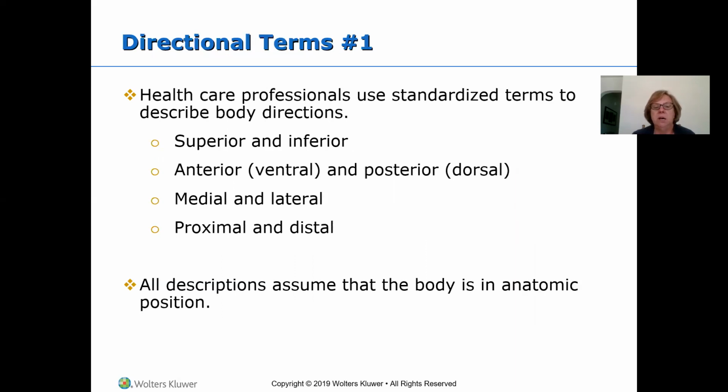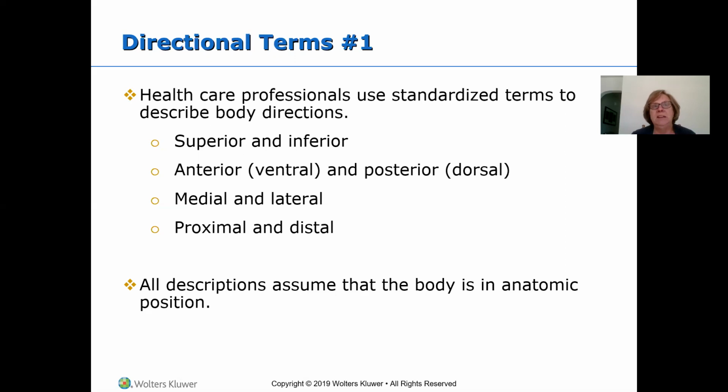In terms of the standardized terms for body direction, superior and inferior. Superior means anything above. Inferior means anything below. So if you are looking at the human body, and you're asking for the direction of the head in relation to, and it's always related to something else, in relation to the chest, the head would be superior to the chest.